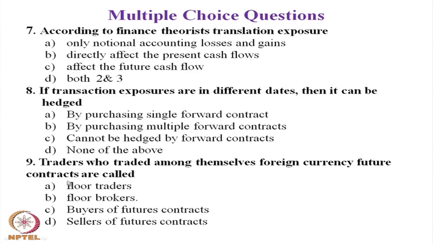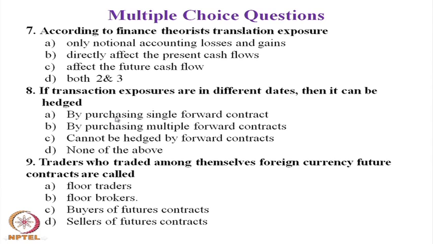What is question number 8? If transaction exposures are in different dates, then it can be hedged by purchasing multiple forward contracts, because transaction exposure is an exposure where, when the exchange rate fluctuates, it affects the assets and liabilities of the company and its income source.